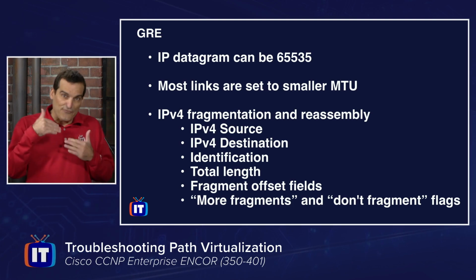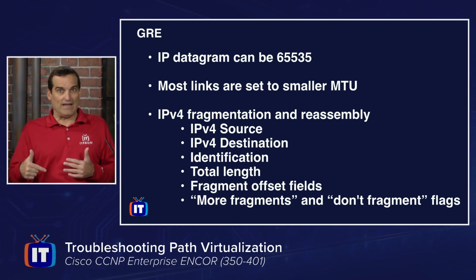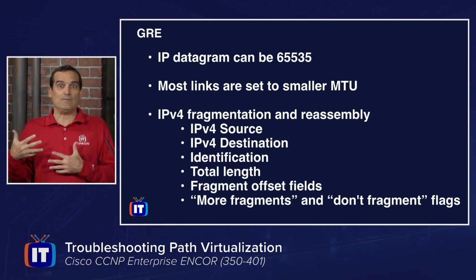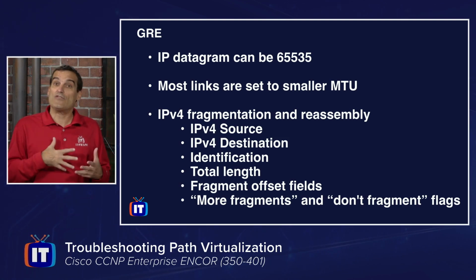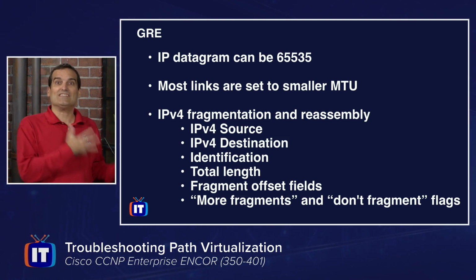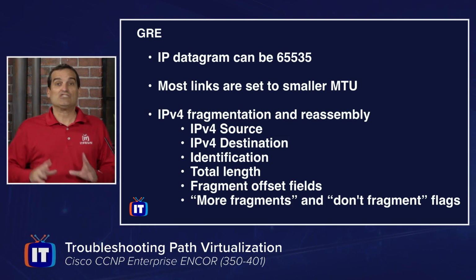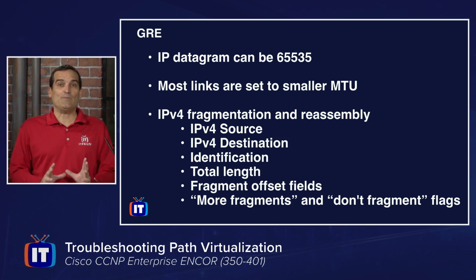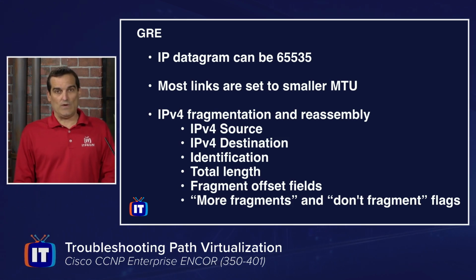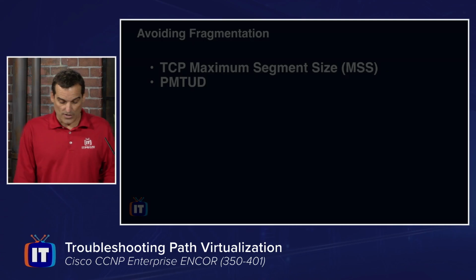Remember, there's a flag, there's a 0 or 1 bit to indicate, hey, there's more fragments coming, and there's a 0 or a 1 bit to indicate whether or not this information can be fragmented. So a lot of information there, but that is the information that dictates whether we are going to be fragmenting, and if we're fragmenting, how that is going to work.